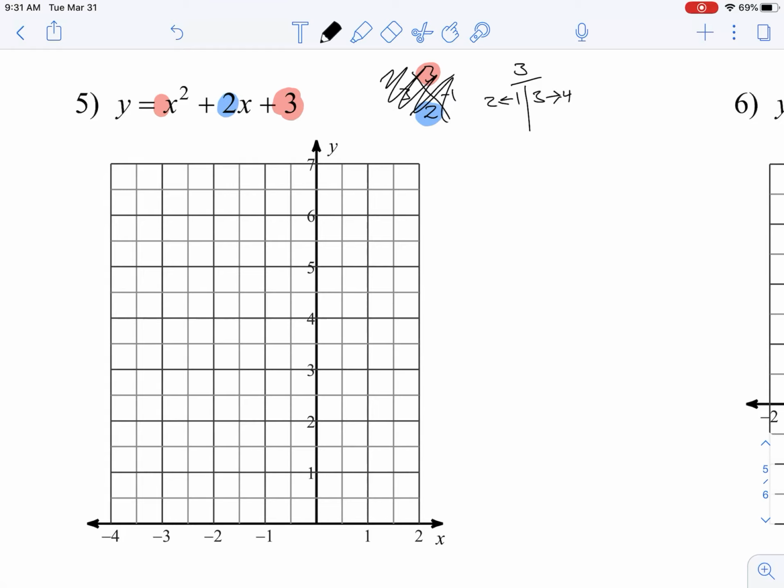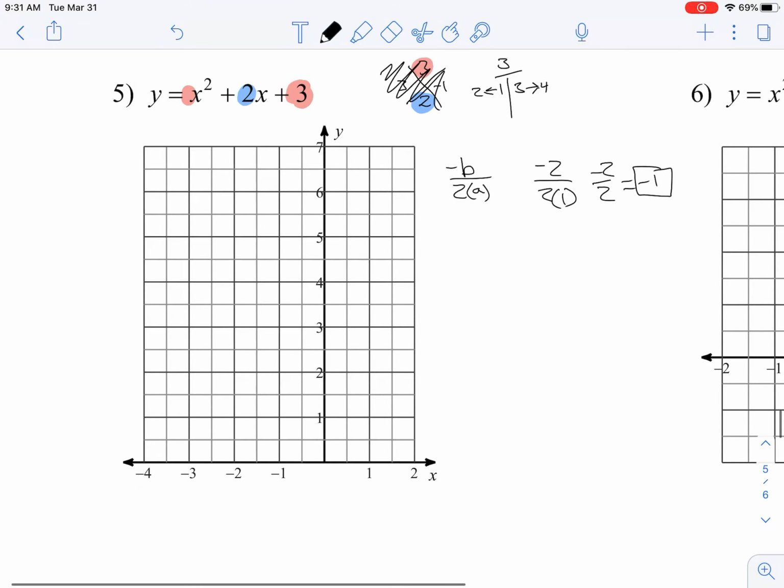So what we'll do is continue practicing negative b over 2 times a. So that's the opposite of our b, which means the opposite of 2, which is negative 2, over 2 times our a value, which is 1. That gives us negative 2 over 2, which gives us negative 1.